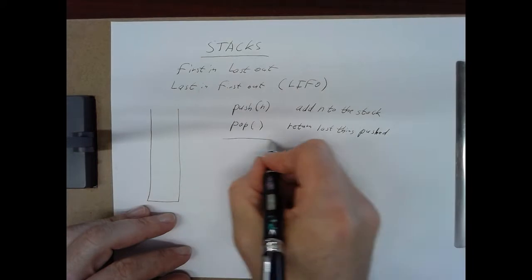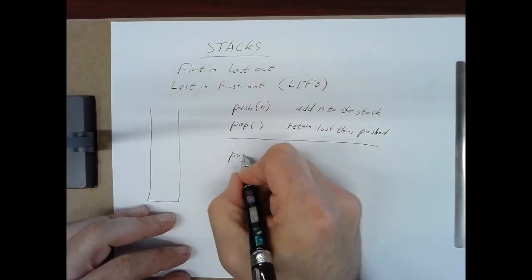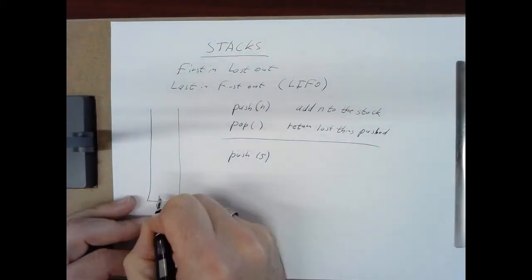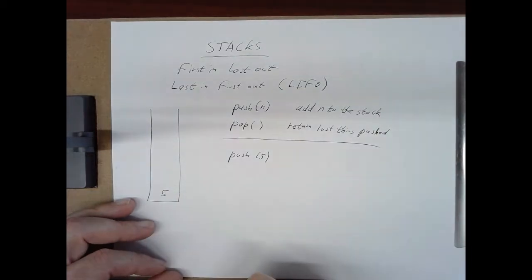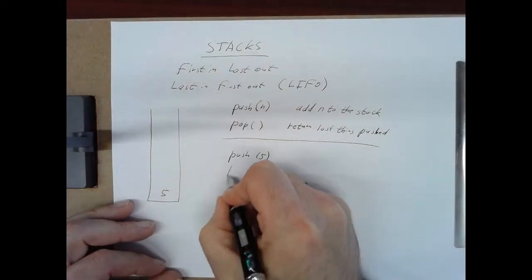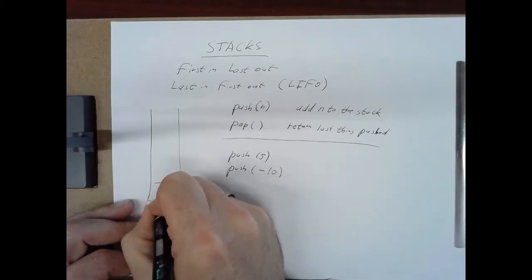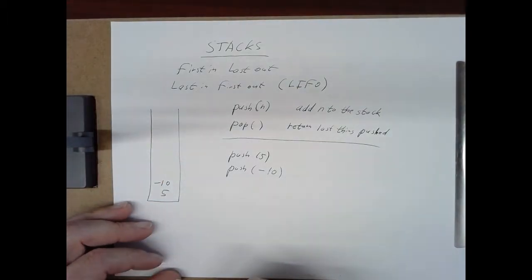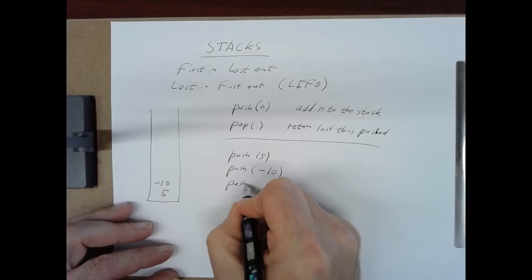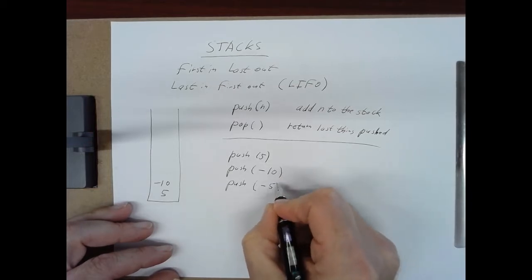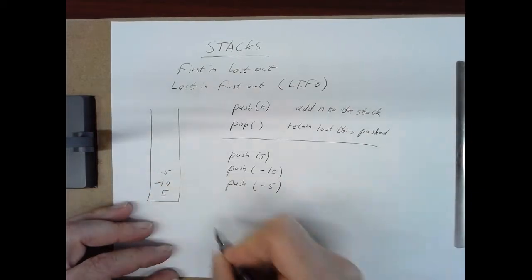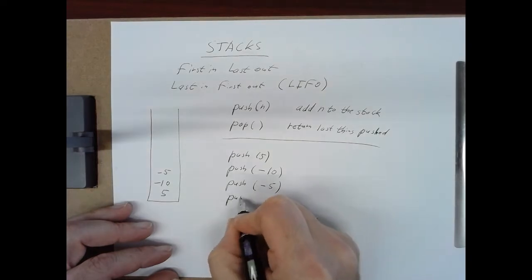So for example, if I push the number 5, we can think of that as sitting here on our stack. And if I push -10, that sits on top of it. And if I push -5, that goes right here. And maybe I'll push another 5.